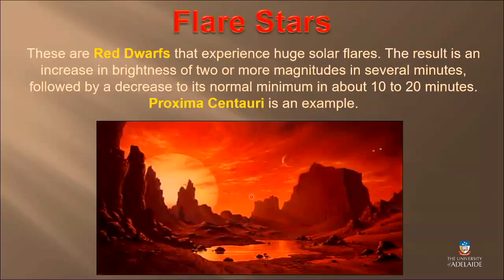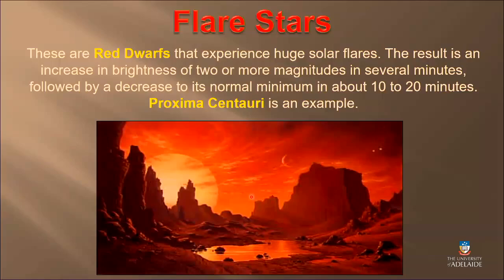And then we have flare stars. So these are red dwarfs that experience huge solar flares. The result is an increase in brightness of 2 or more magnitudes in just several minutes, followed by a decrease to normal over about 10 to 20 minutes. For example, Proxima Centauri, the closest star to us, is an example of a flare star.